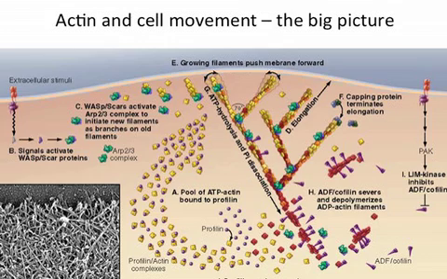Remember, we've got cofilin in the back end that's binding to the ADP-bound old filaments and disassembling them, and those subunits go into the profilin-bound pool. Actually, I didn't tell you this, but this picture shows that profilin catalyzes the exchange of ADP for ATP.